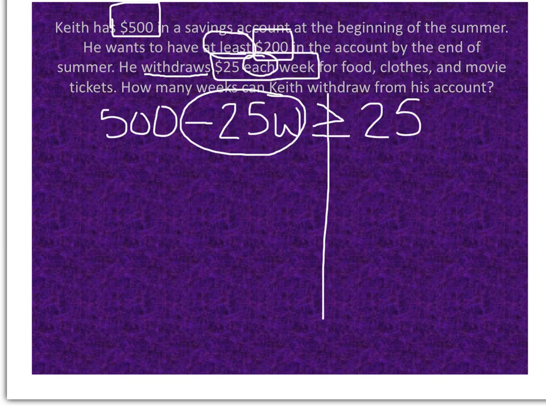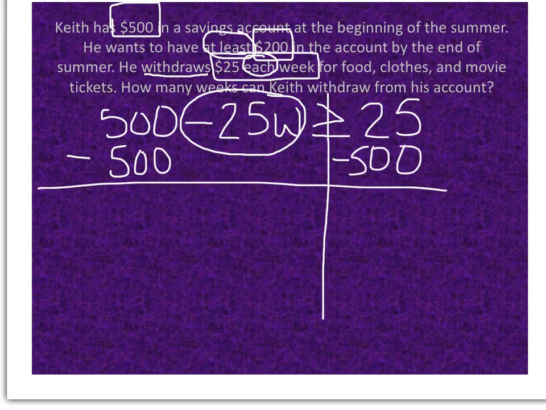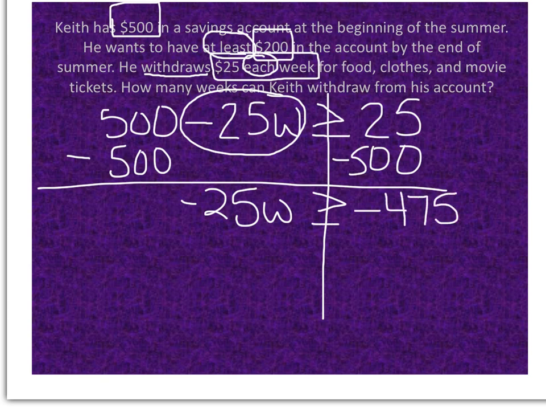Since this is a positive 500, we are going to subtract 500 from both sides. And when we do that, we get a negative 25W is greater than or equal to a negative 475. Now, in order to get W by itself, we have to divide by a negative 25 on both sides.